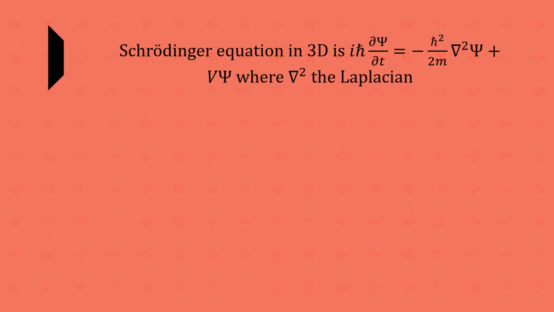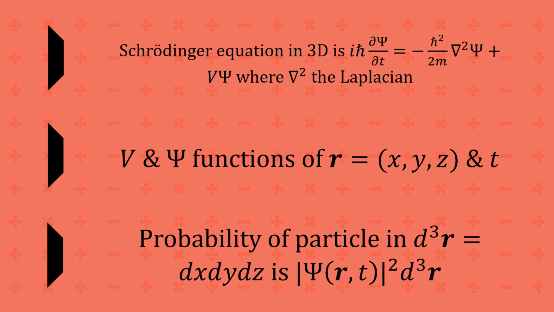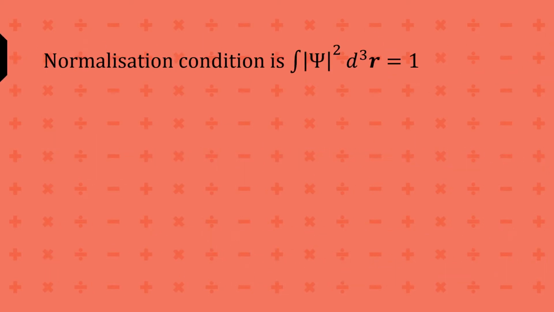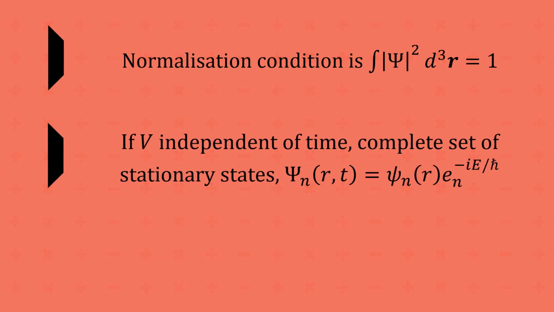First, let's discuss the Schrödinger equation in 3D. The Schrödinger equation in 3D is given by this equation here. The potential energy V and the wave function psi are functions of r equaling x, y, z, and t. The probability of finding the particle in the infinitesimal volume is given by this expression here. The normalization condition becomes this integral here equaling 1, where the integral is taken over all space.